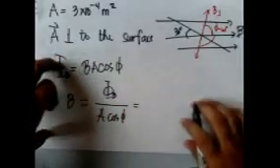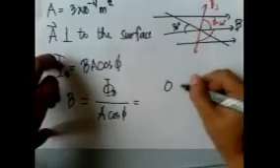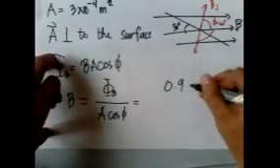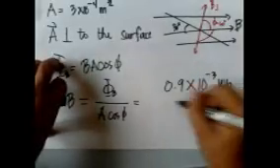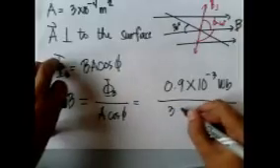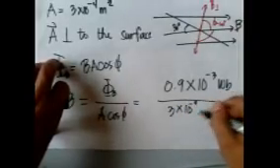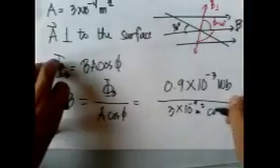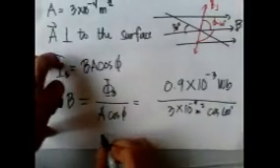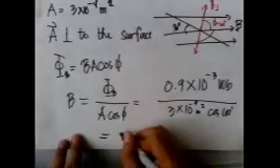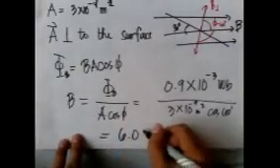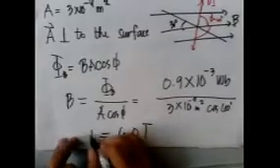Inputting all values, we have 0.9 milliweber, which is 0.9 times 10 to the negative 3 Weber, all over 3 times 10 to the negative 4 meter squared times cosine 60 degrees. Through calculations, we get a magnetic field magnitude of 6.0 Tesla.